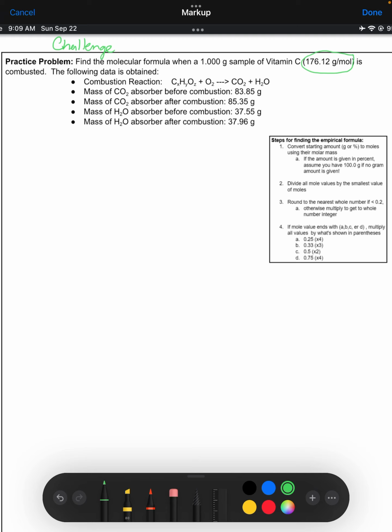So first of all, this is a general combustion formula. Those of you who took regular chem will recognize it. The mass of carbon dioxide in the absorber before combustion was 83.85 grams. The mass of carbon dioxide in the absorber after that combustion was 85.35 grams.